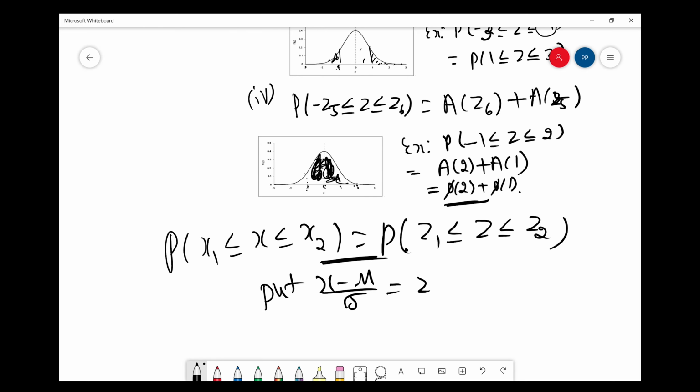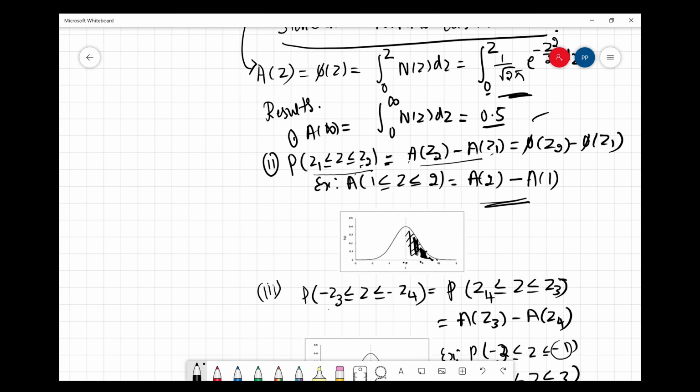Then this is converted into a probability over an interval of the standard normal variable z, from z1 to z2. Note that z1, z2 need not be positive. It's a combination, different combinations we discussed earlier. So using the substitution, we write this in terms of A of z.